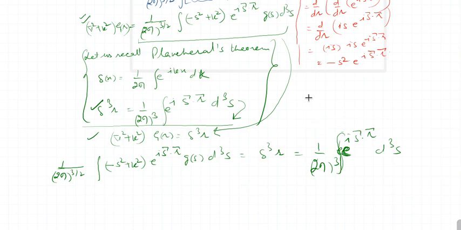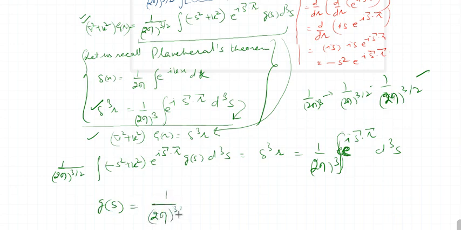then 1 over (2 pi) raised to power 3 can be written as 1 over (2 pi) raised to power 3 by 2 into 1 over (2 pi) raised to power 3 by 2, and if I use this identity here, then this g(s) comes out to be, because I want to calculate this and this, 1 over (2 pi) raised to power 3 by 2 into 1 over k square minus s square, right?